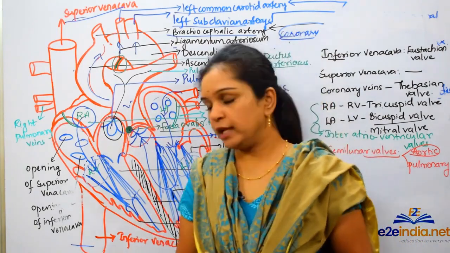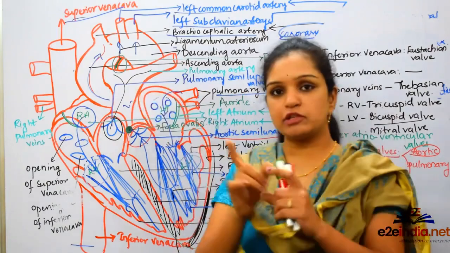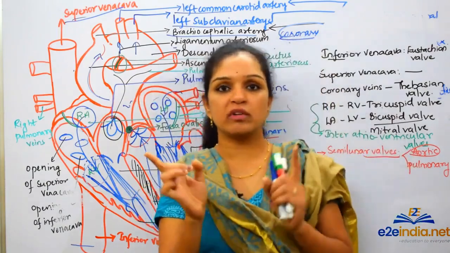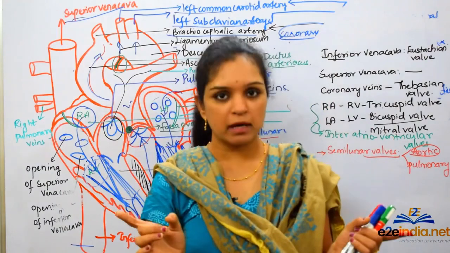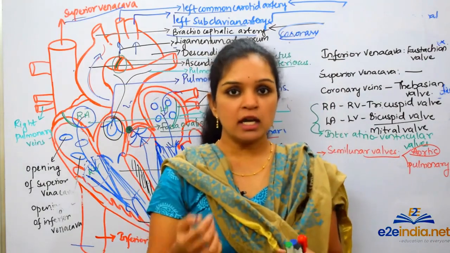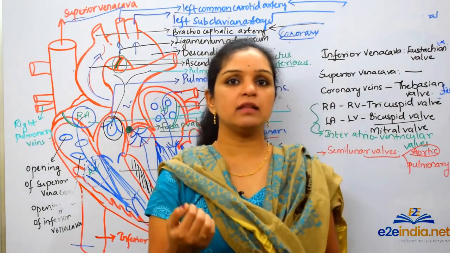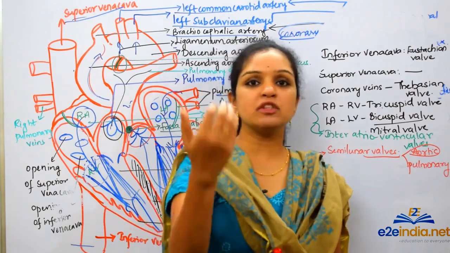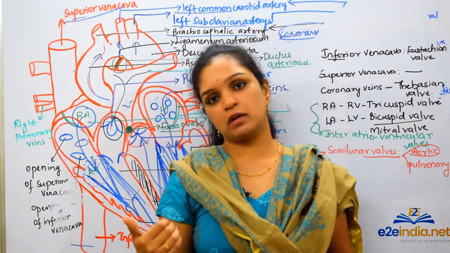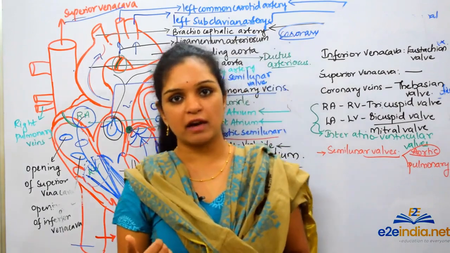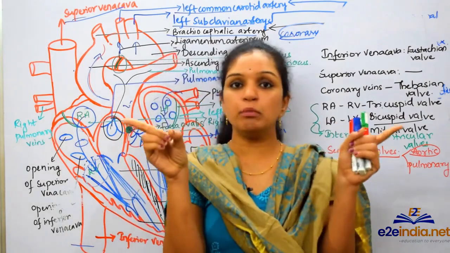But one point, the pulmonary artery is branched into right pulmonary artery and left pulmonary artery, so that the deoxygenated blood received from the superior vena cava, coronary veins and inferior vena cava is distributed to both the lungs.